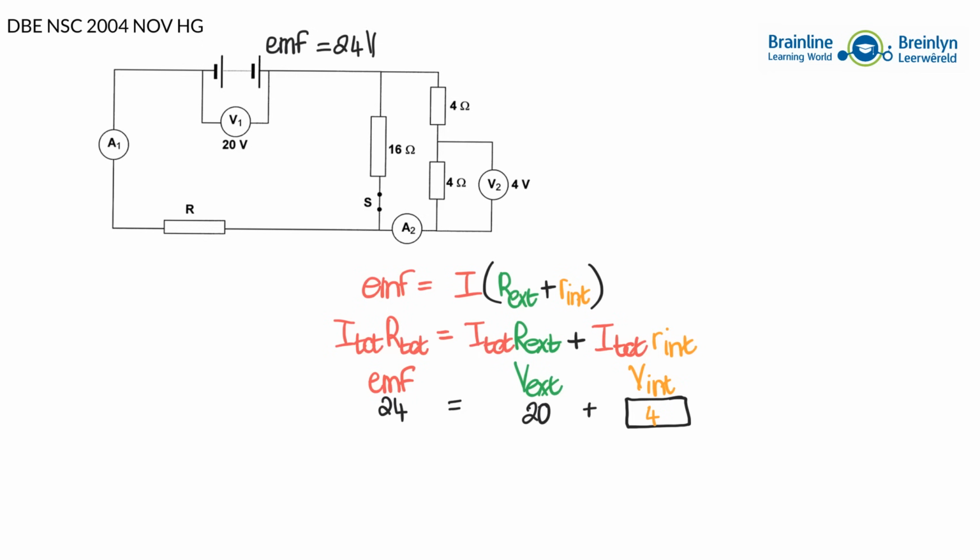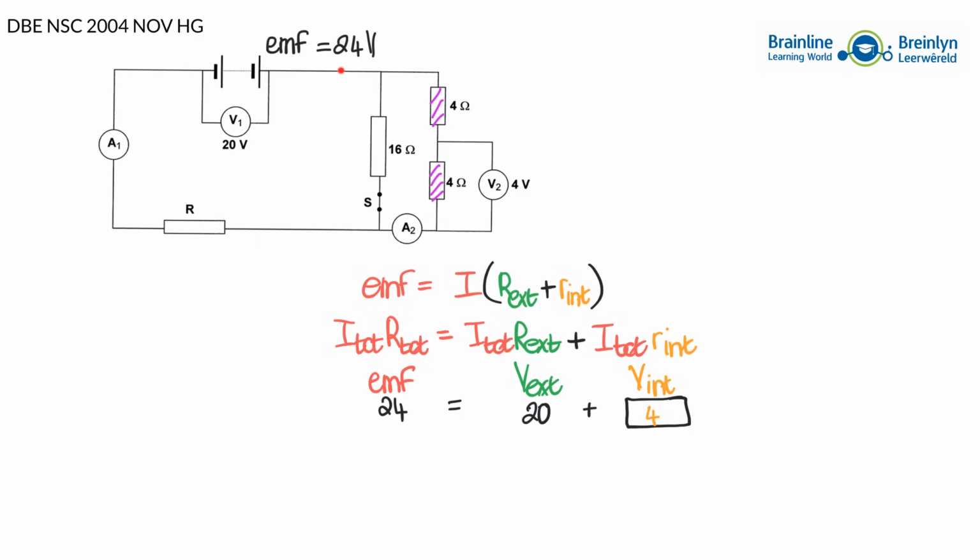I mentioned that once you have done this, I would like you to find R parallel. What is important for you here is to also see that we are looking at two resistors which are in series in a parallel branch. Let's just quickly consider the current flow.